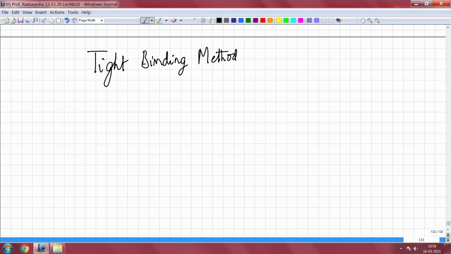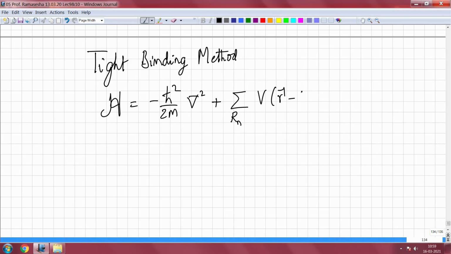In the tight binding method, the Hamiltonian is given by minus h cross squared by 2m del squared plus sigma over all the lattice sites V of R minus Rn.